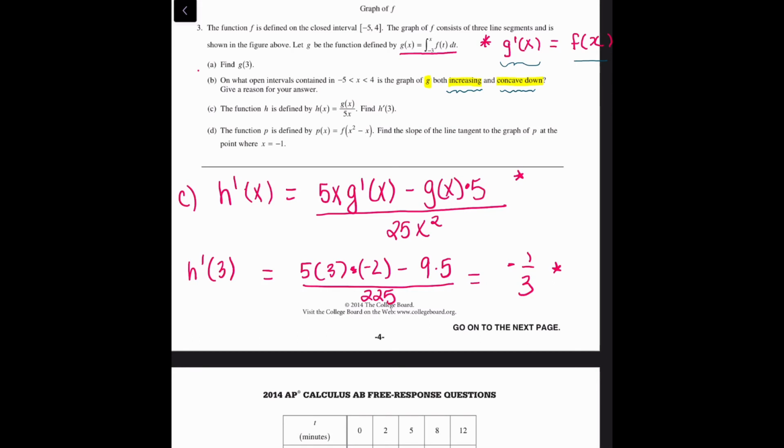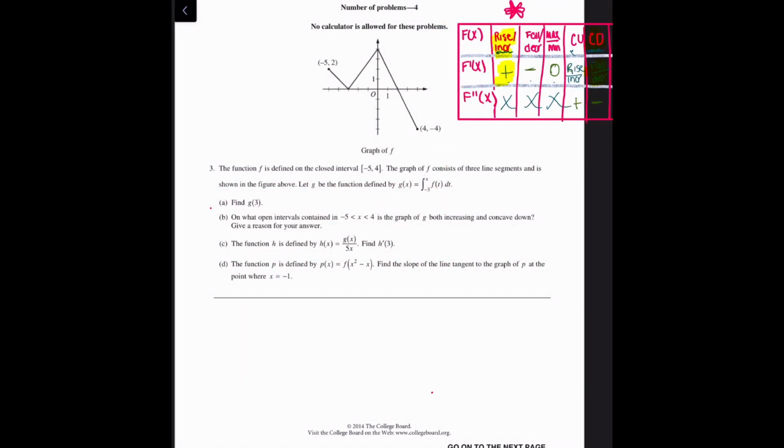Okay. Part D. The function p is defined by p of x equals f of x squared minus x. Find the slope of the tangent line to the graph of p, at the point where x equals negative 1. So slope, we're finding the derivative of p of x.